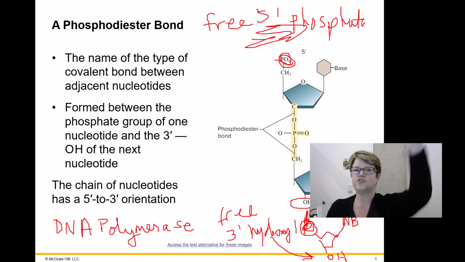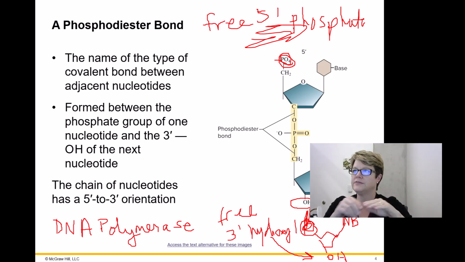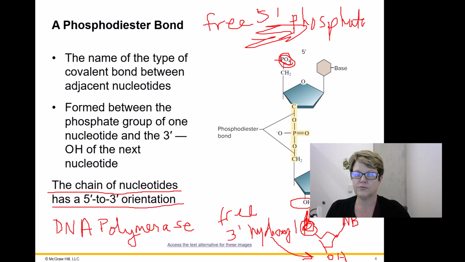So we say that the strand of DNA has one end that's called the free 5' phosphate end, and the other end is called the free 3' hydroxyl end. And that's what we mean when we say that a chain of nucleotides has a 5' to 3' orientation. One end has to have the free 5' phosphate. The other end has to have a free 3' hydroxyl.